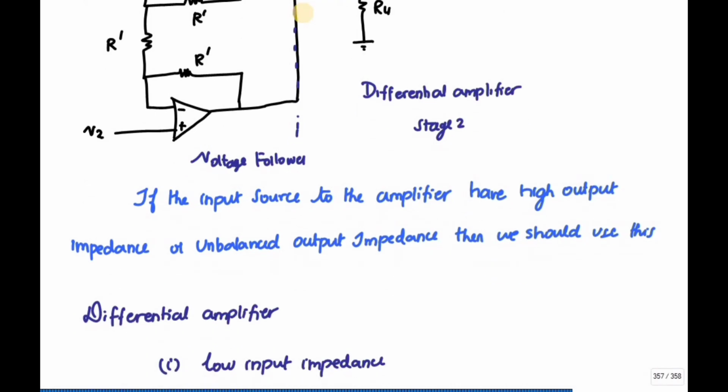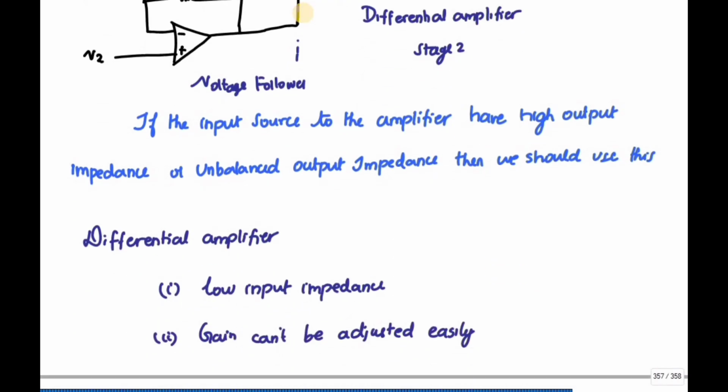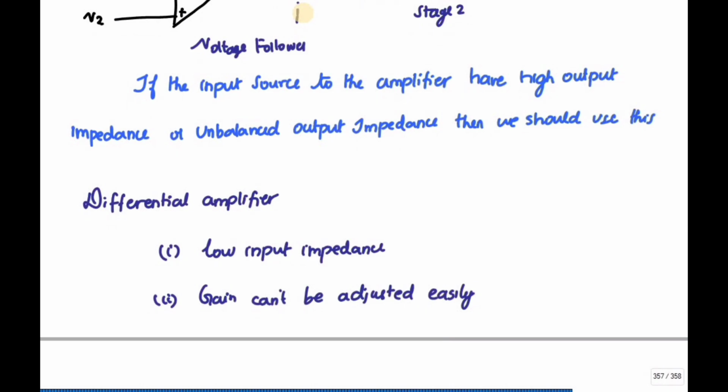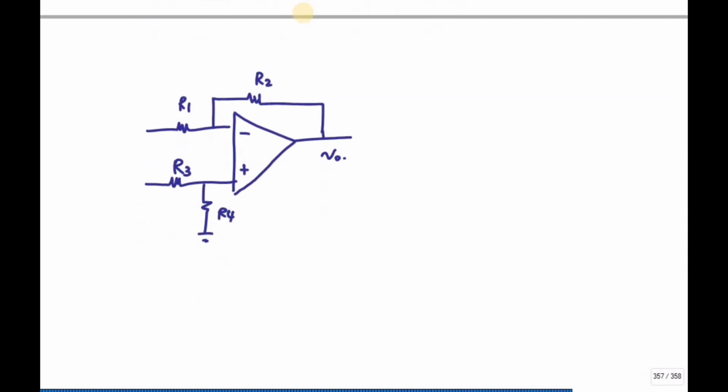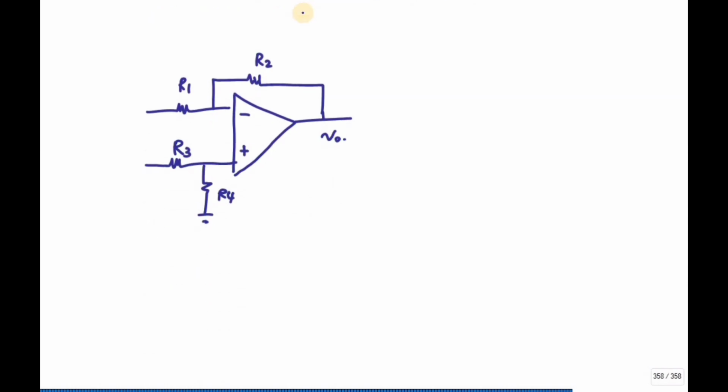First, let us discuss the differential amplifier. It has a low input impedance and the gain cannot be adjusted easily. This is my circuit. Let me consider what happens if both the signals are equal, both VE.